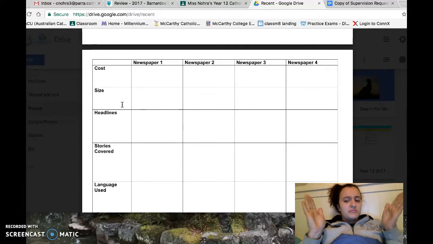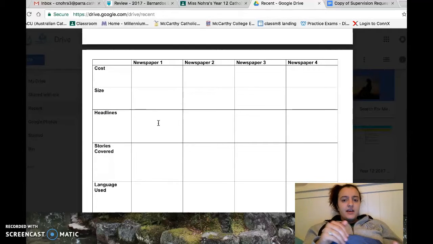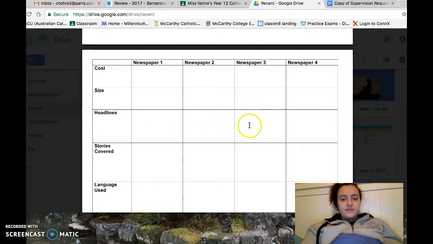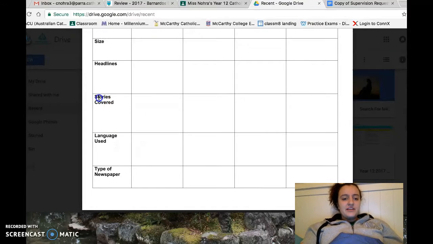If you want to get technical and measure it, go for gold. Headlines: I want you to flick through it and write down at least 4 headlines for each of the 4 different newspapers. Have a skim through it. I want you to see what stories were covered.